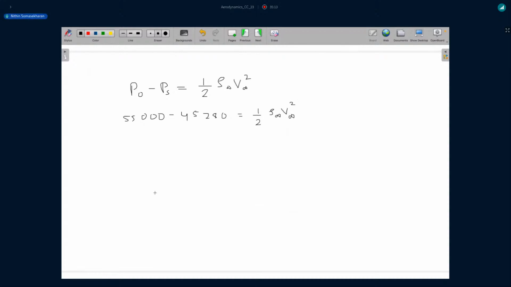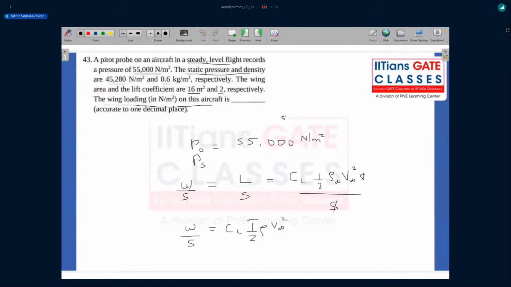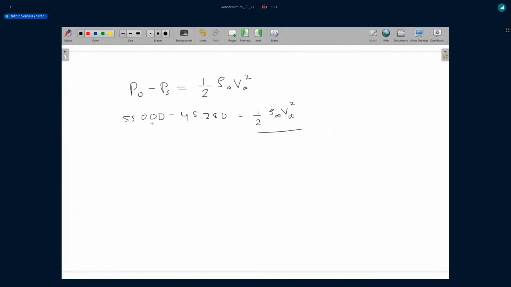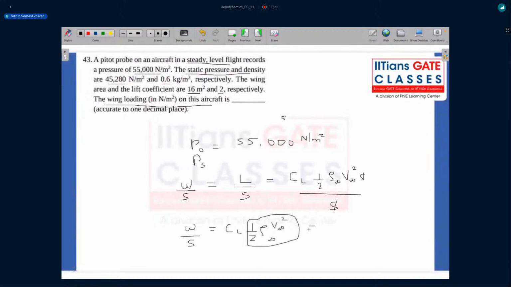All right. So in my wing loading expression, you have a half rho infinity V infinity square. Just replace this with this value. Half rho infinity V infinity square is nothing but 55,000 minus 45,280. So just substitute that over here. Your CL is 2 and your half rho infinity V infinity square is 55,000 minus 45,280. All right.